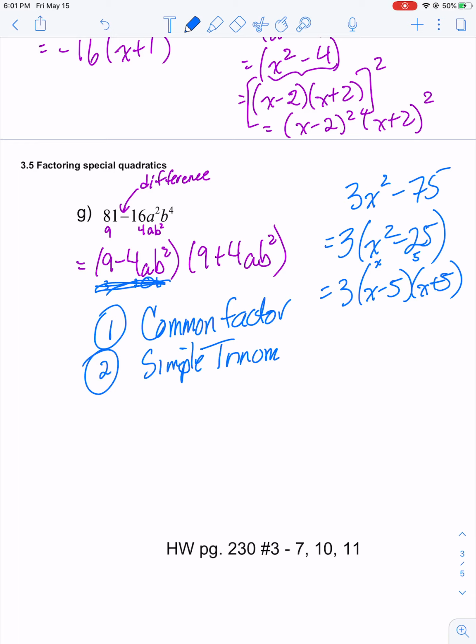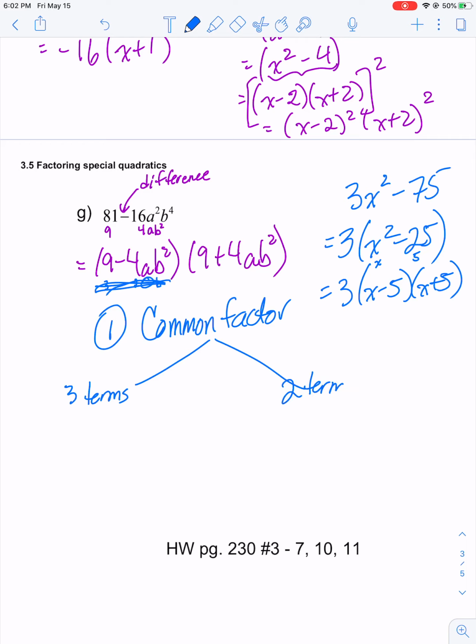If I have 3 terms, then I ask myself, so here, this is what I would do. Number 1, I would common factor. That's always number 1. Okay, so then I say, all right, 3 terms or 2 terms. Then I ask myself, is it difference of squares?